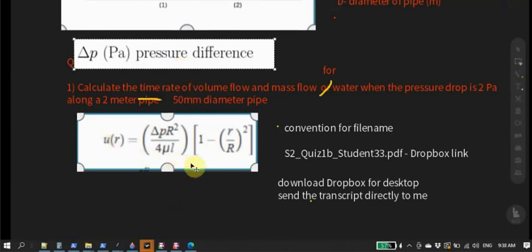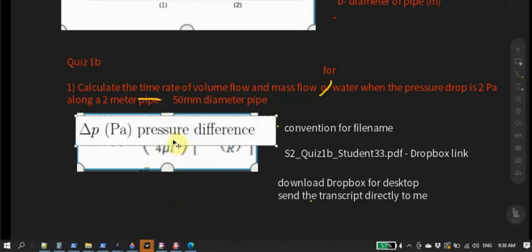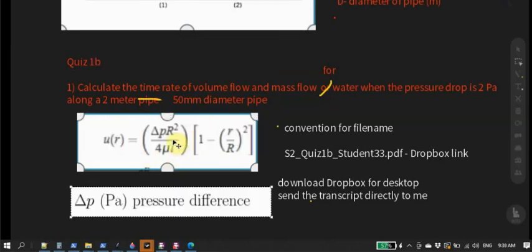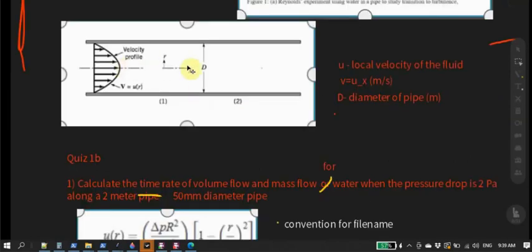So this is a parabolic distribution, and this distribution is the analytical solution for laminar flow inside the tubes, right? So we have delta P, the pressure drop, because when the fluid flows inside the pipe, we have a large energy here, and because of the friction, energy is lost to maintain the same amount of velocity along the pipe, and at section 2 some of the energy will be lost to do the work, right?